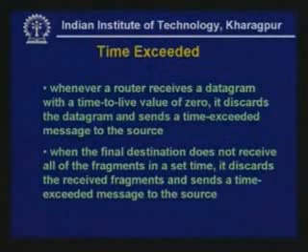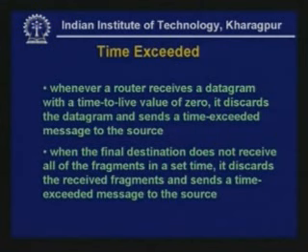Time exceeded. Whenever a router receives a datagram with a time to live value of 0, that means it has been going around the network, so it discards the datagram and sends a time exceeded message to the source. When the final destination does not receive all of the fragments in a set time, it discards the received fragments and sends a time exceeded message to the source.